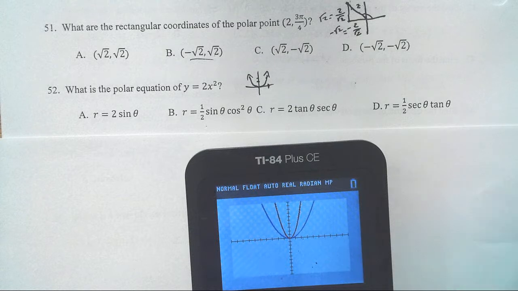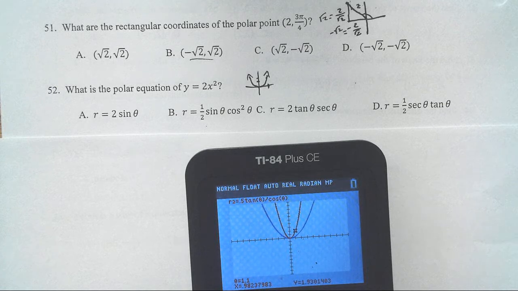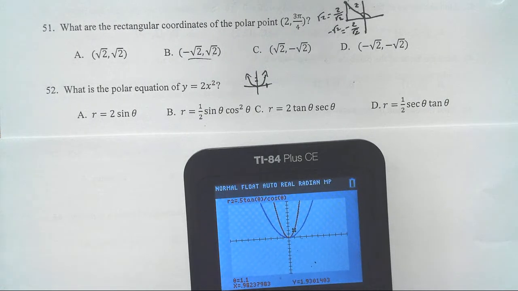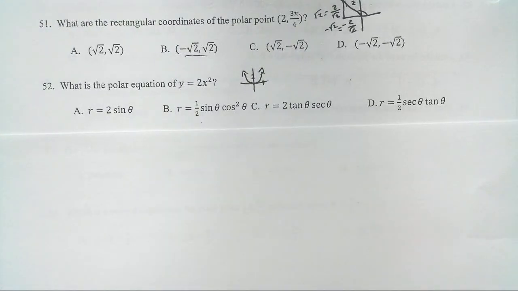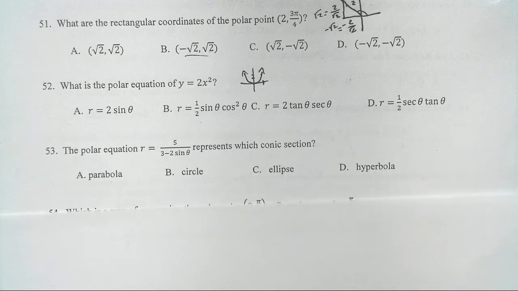If I trace over to around x equals 1 on that one, I'm only up at 0.59. But if I trace over close to 1 on the x graph, I'm up right at 2. So it is actually D. Now there are other ways to do that, but that's not a bad option for us on that problem.